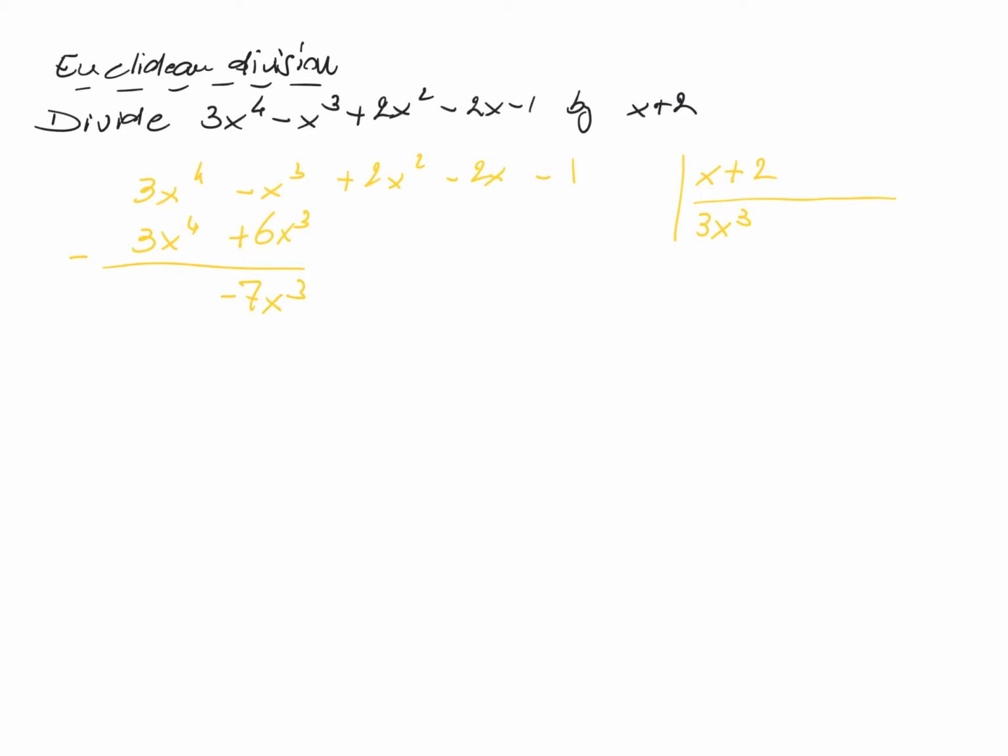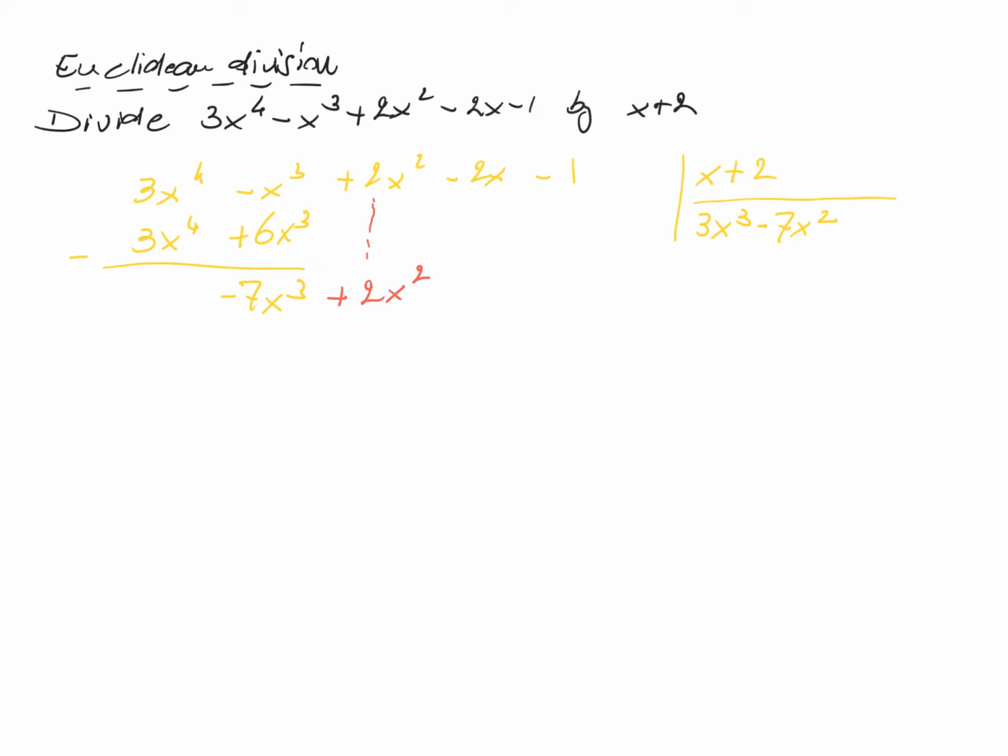Next, we drop the following term. So this one goes down, so it's here plus 2x squared, because this term hasn't changed yet. We haven't done anything with it. We then look again at how often we can fit x from x plus 2 into minus 7x to the power 3. This is minus 7x squared. We multiply again minus 7x squared with x plus 2 and write it below.